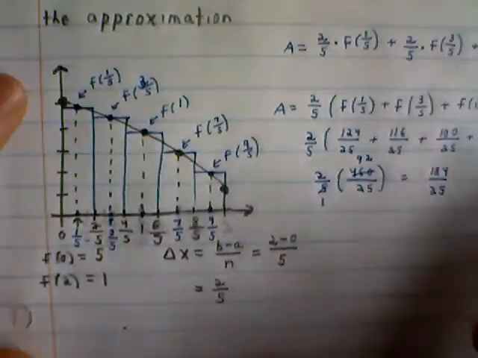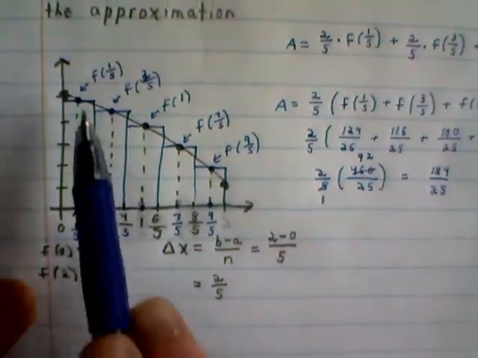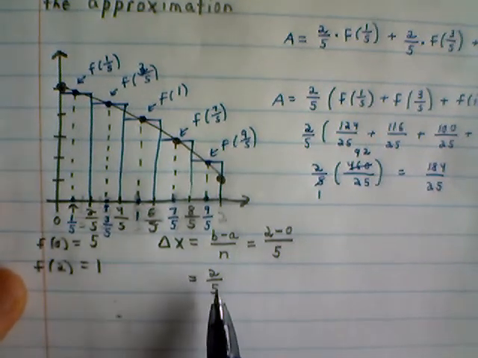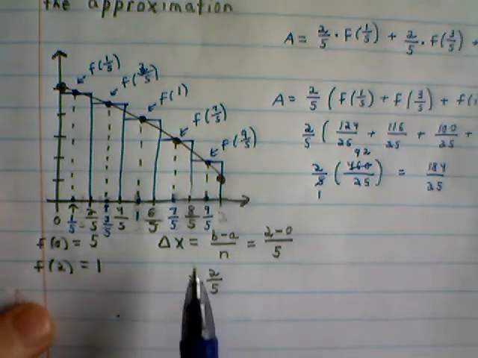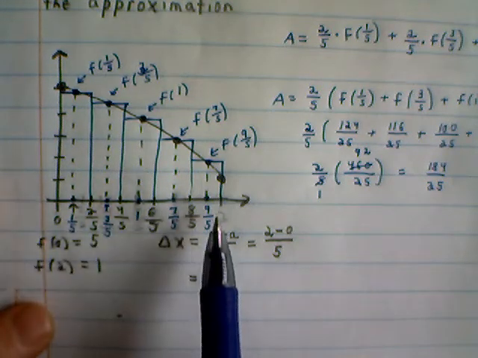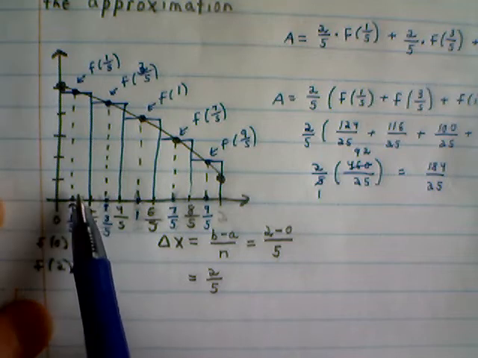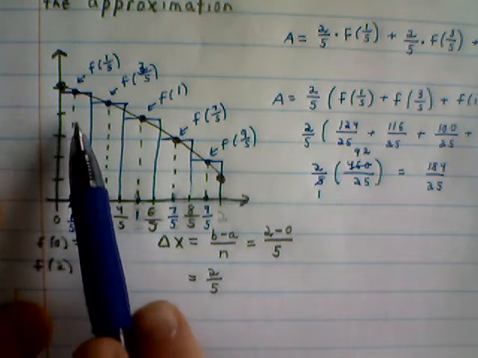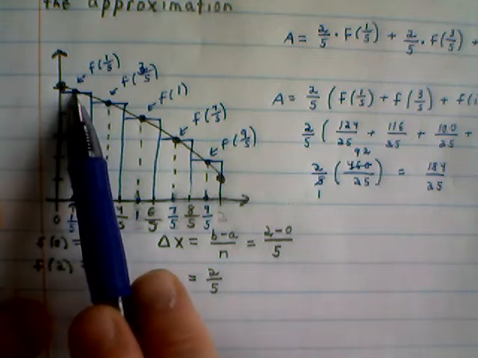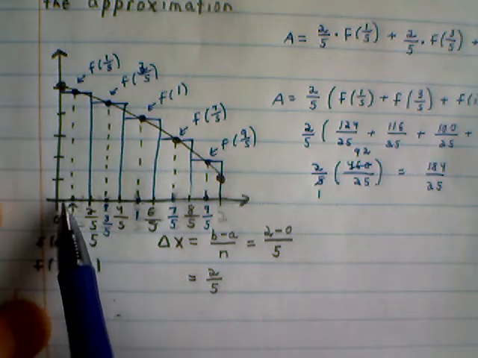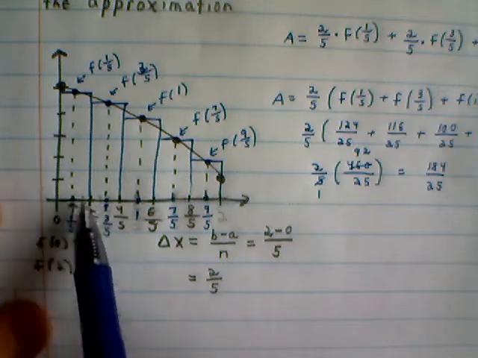So to summarize, we first sketched our curve, found the length of each subinterval, which was 2/5, identified the midpoint of each subinterval, and sketched the rectangles by drawing a dashed line from the midpoint up to the curve. The rectangle should start and end at the endpoints of the subinterval.